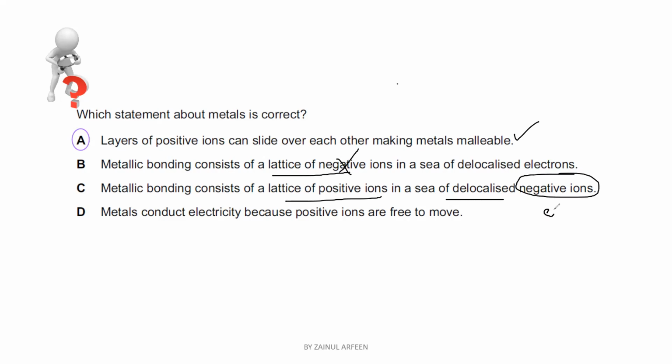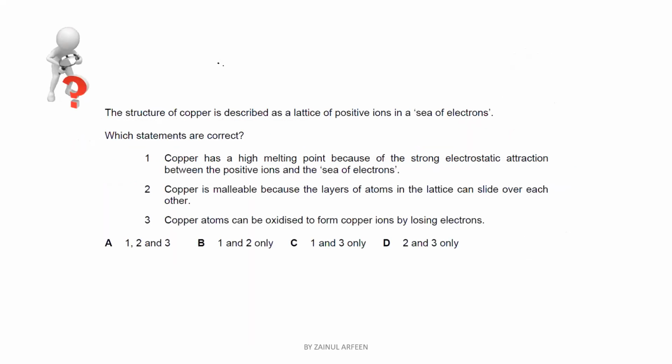It should not be negative ions, it should be electrons. And metals conduct electricity because of positive ions? No, because of free electrons. The structure of copper is described as a lattice of positive ions in a sea of electrons. Delocalized means you cannot identify the position, because if something does not have a specific position, it is free to move. We call that delocalized.